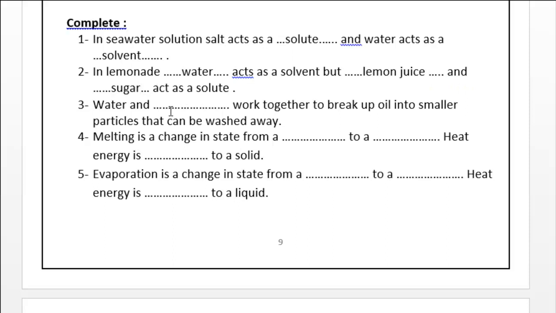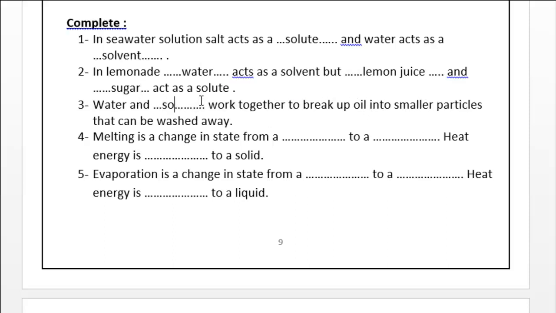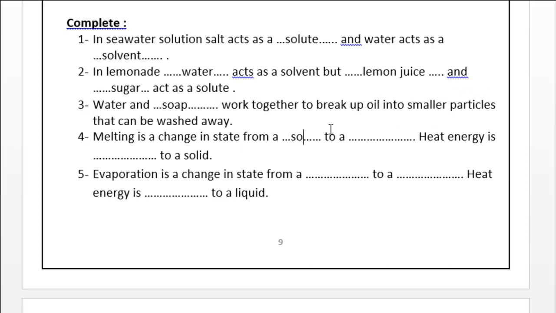Water and what work together to break up oil into smaller particles that can be washed away? And soap, that's right. Or we can write detergent. Melting is a change in state from, that's right, solid to a liquid.